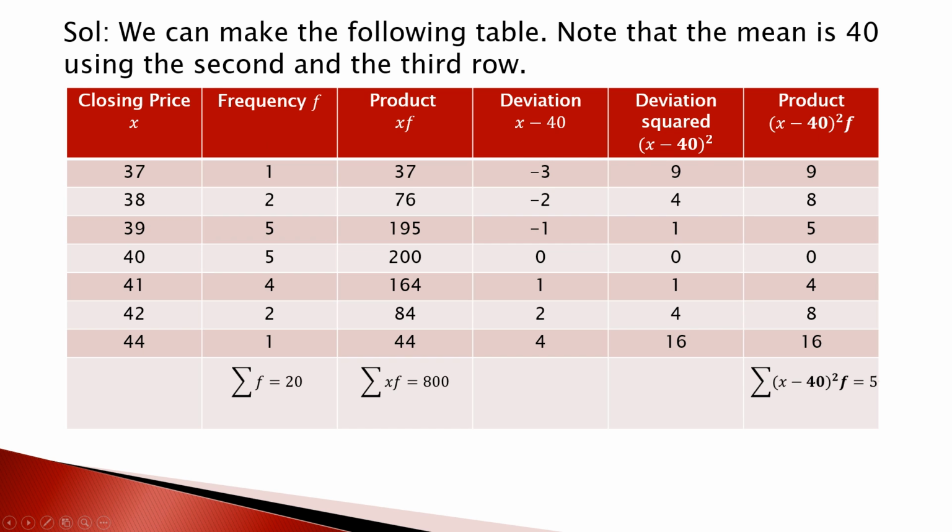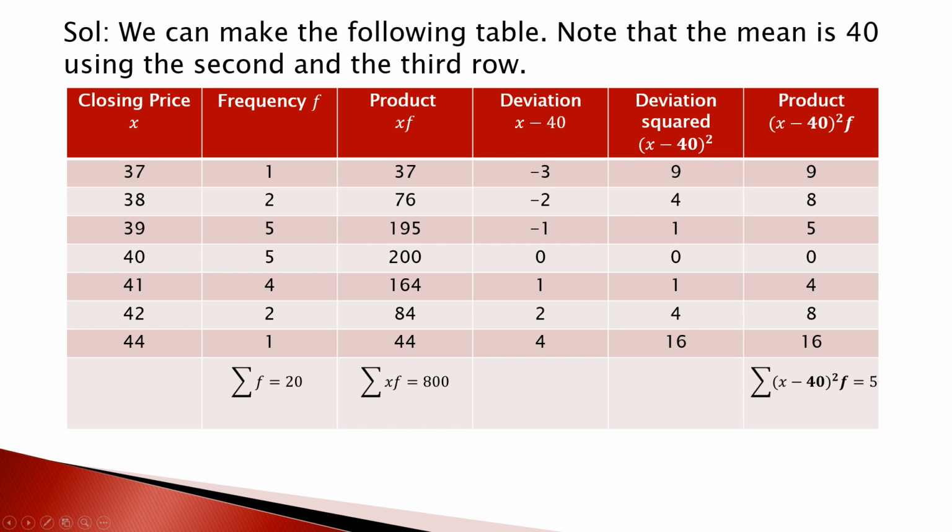Because we have 1 37, we have 38s, etc. So when we multiply them, and divide by 20, guys, so this sum here is 800, and if we divide it by the total number of frequencies, we are gonna find 40. So that means the mean for this data set is 40.